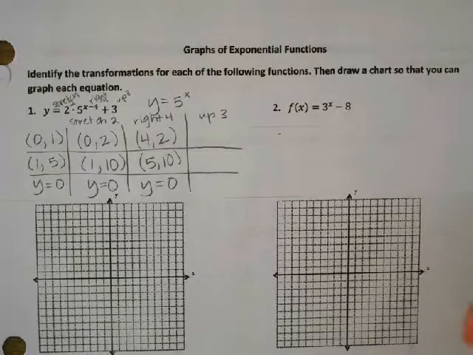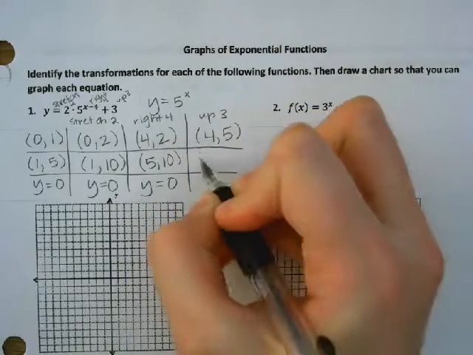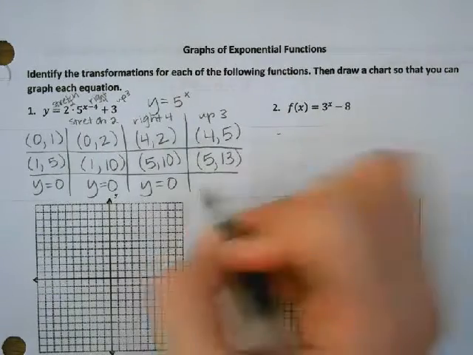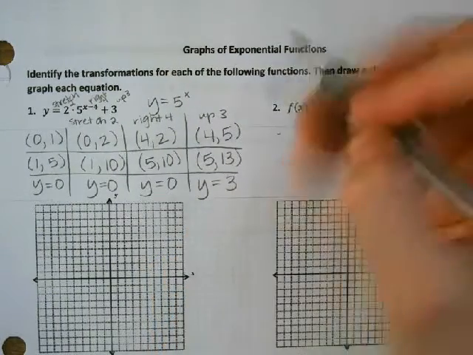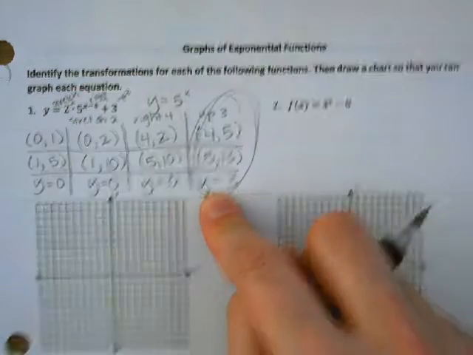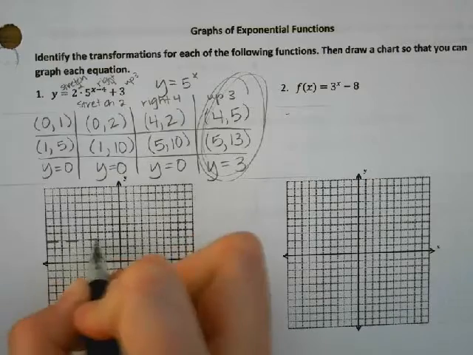What did you guys get for your points at the end? 4, 5. 5, 13. And y equals 3. And so now that we're at the end, this is what we're graphing. So we've got a horizontal line at 3.